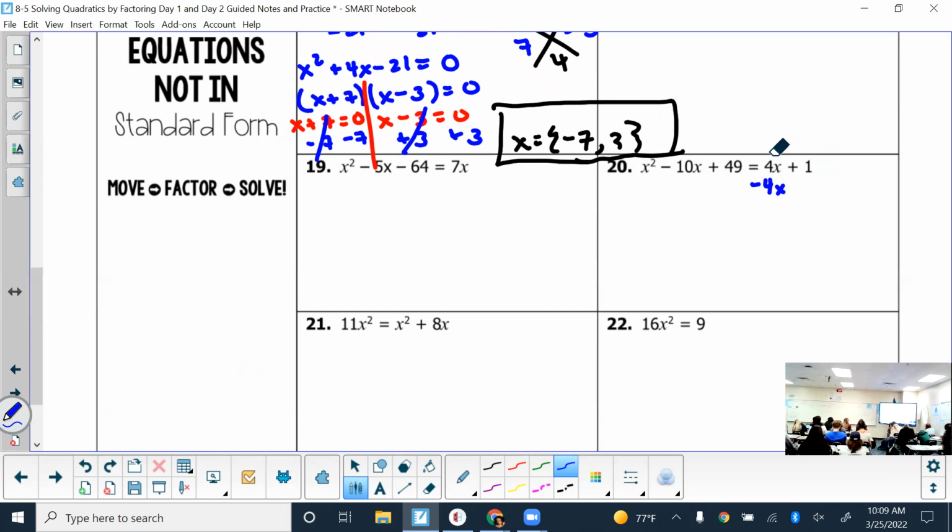And whatever you do on one side, do it to the other side. And since it's an x term, I'm going to line it up under the other x term to make my life easier. And then in the same step, I'm going to move this 1. How do I get rid of a plus 1? By subtracting it. And then I'm going to do that on the other side under its like term.